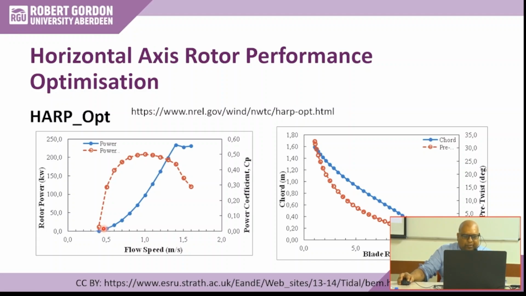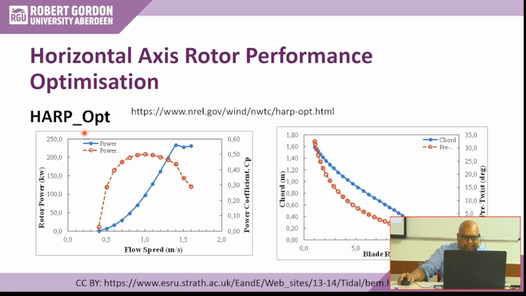So let's follow the power. At a velocity of 0.5 or below, power is 0. It's not rotating. You need a certain amount of velocity to start turning, and it goes up and up to this point. This is your rated power. So your rated power is 250 kilowatt, maybe.